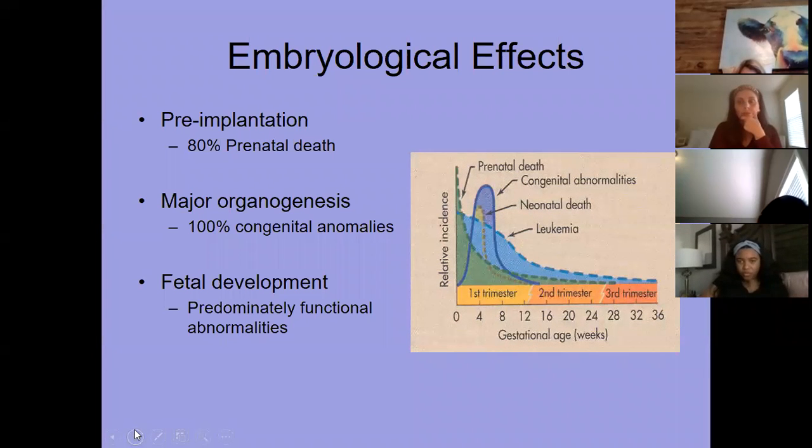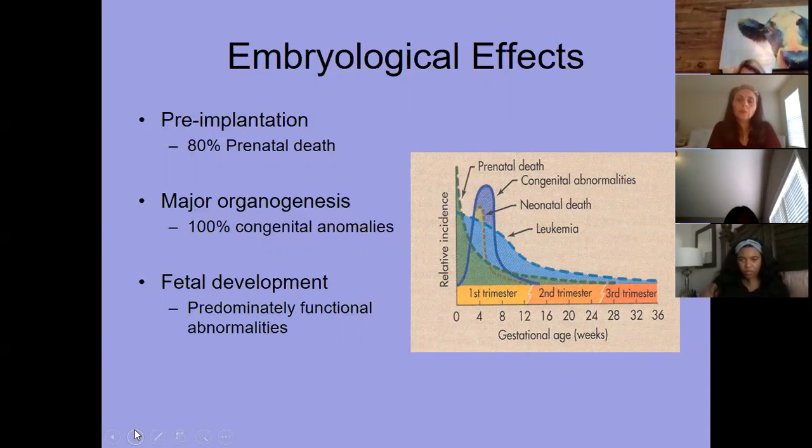Many mothers at that point might not even realize they were pregnant. If irradiation occurs during the second part of the embryonic stage, that is major organogenesis, a high level exposure at that time basically causes congenital abnormalities in every fetus.